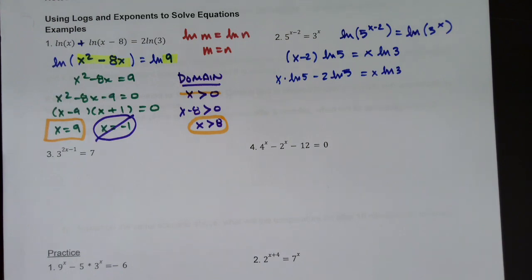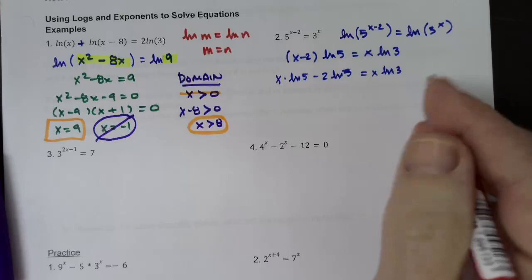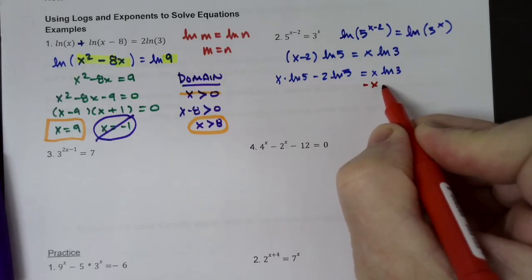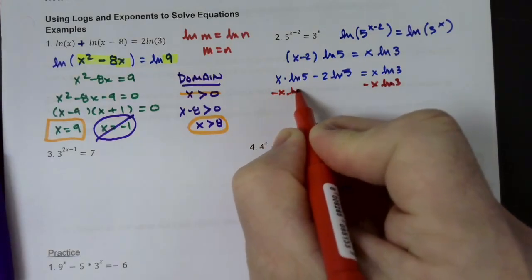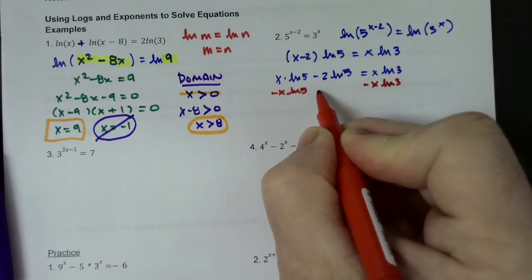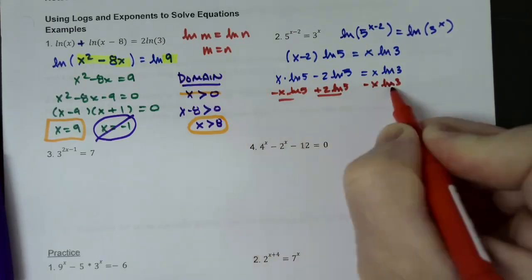Now we need to decide which side we want to put the x's on, and I think I'm going to subtract x times the natural log of 3 from both sides, and while we're at it, let's go ahead and add 2 times the natural log of 5 to both sides.